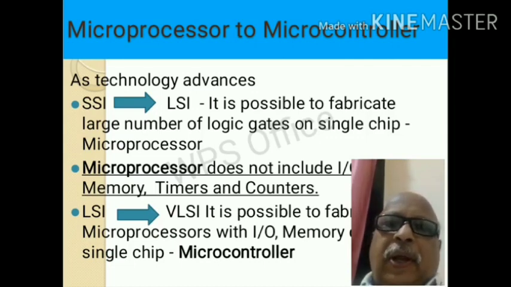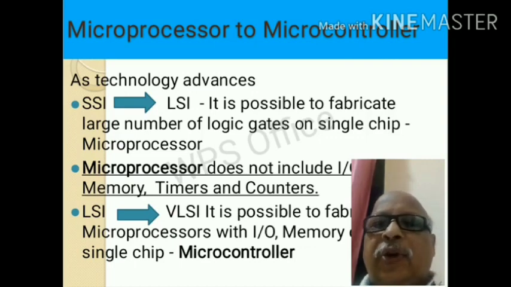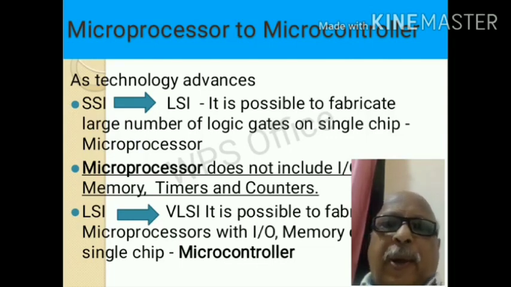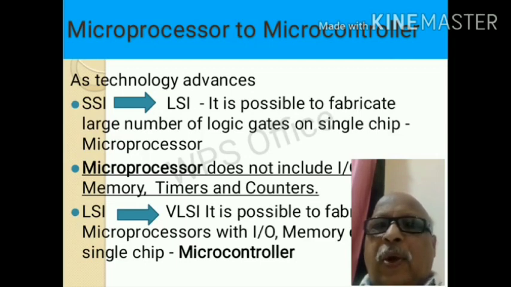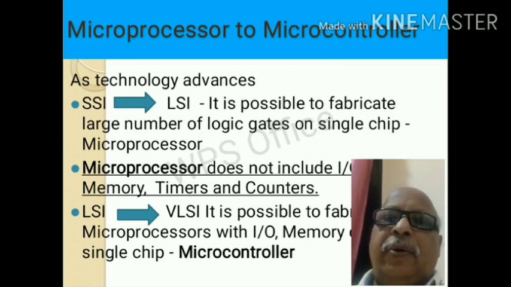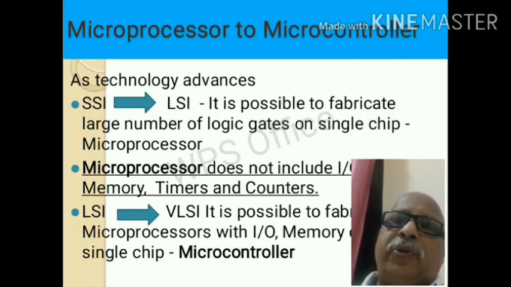When technology advances from large scale integration to very large scale integration, it is possible to fabricate microprocessors with IO and memory devices on a single chip, and that becomes the microcontroller. So microprocessor is a general purpose computer and microcontroller is a special purpose computer.